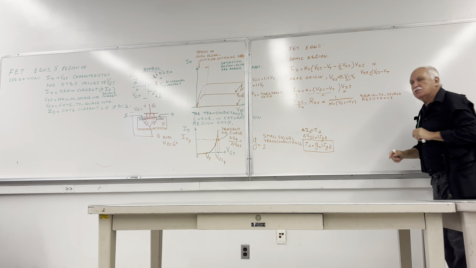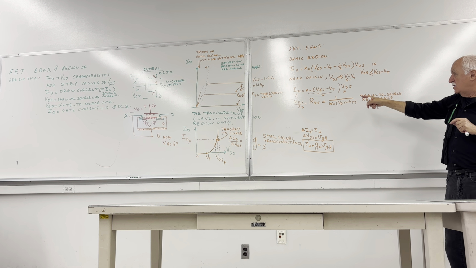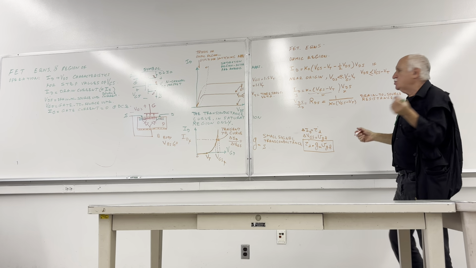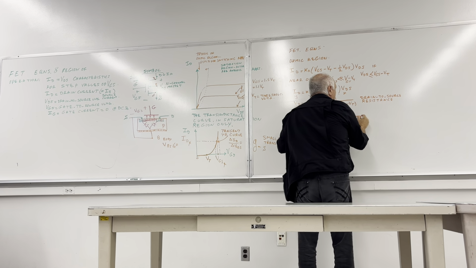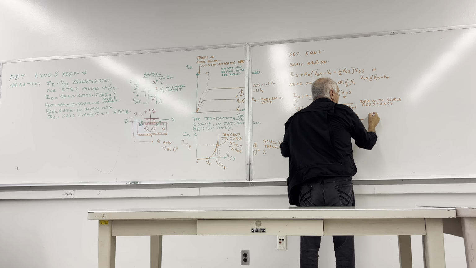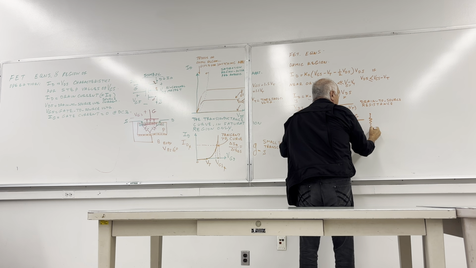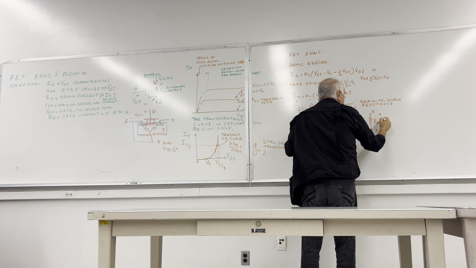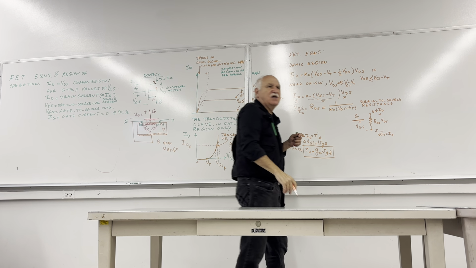So you can model your transistor, subject to that condition, simply with what? With a resistor, RDS, between drain and source, with VGS at the gate. This is the VDS, and this is the ID. IS is equal to ID. So we don't have that current source business.